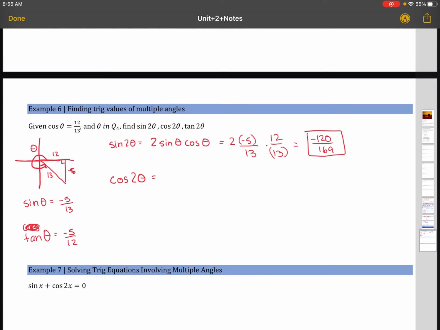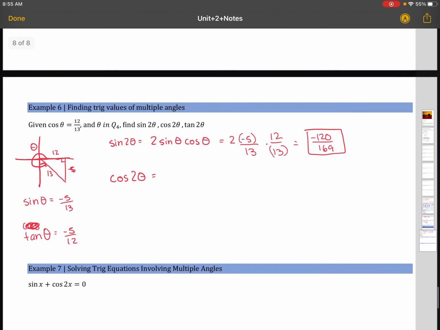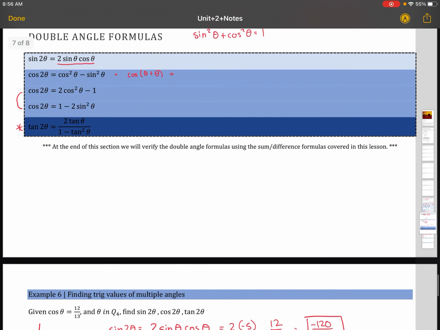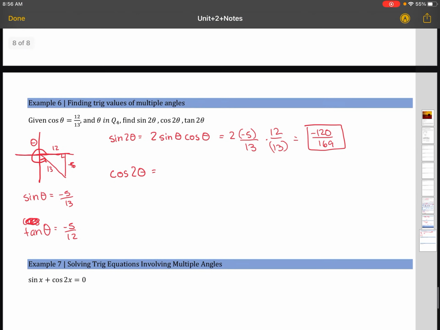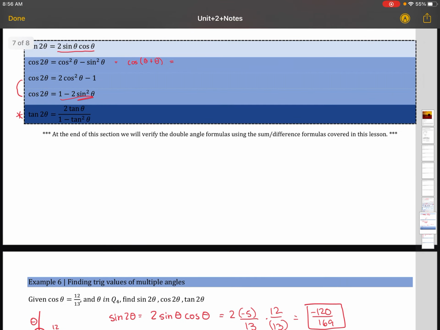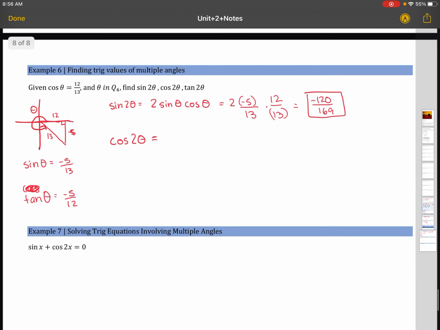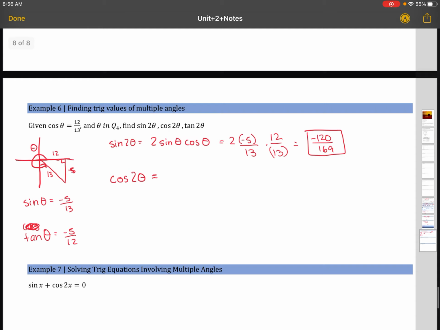So then cosine 2 theta is going to equal, I forget these formulas all the time, cosine squared theta minus sine squared theta. Or is there a better one we can use? Yeah, anytime you can write it in terms of one trig function, I recommend doing that. So I guess we could have done 1 minus 2 sine squared theta, or 2 cosine squared theta minus 1. Let's go with 2 cosine squared theta minus 1. And again, we know the cosine of theta is 12 over 13.